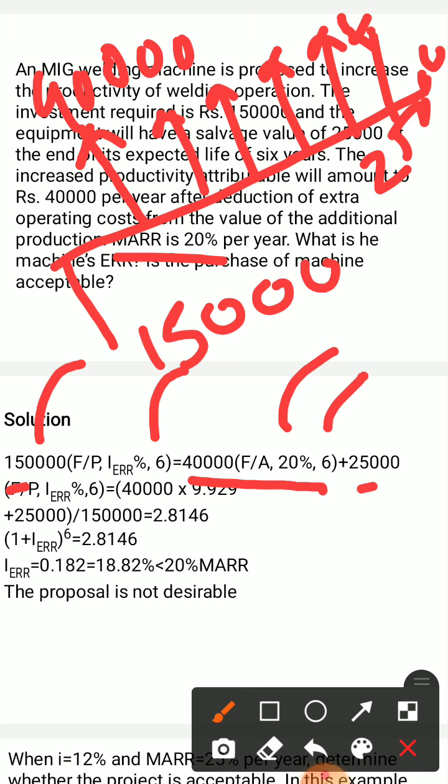Salvage value is 25,000 at the end of the 6th year, and this is a single payment compound amount after the 6th year.